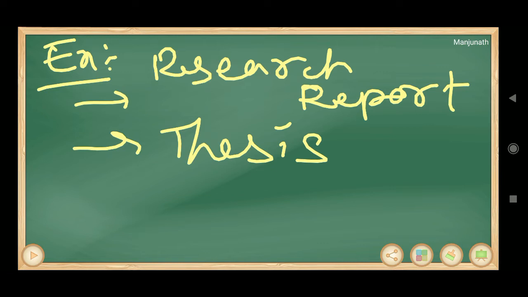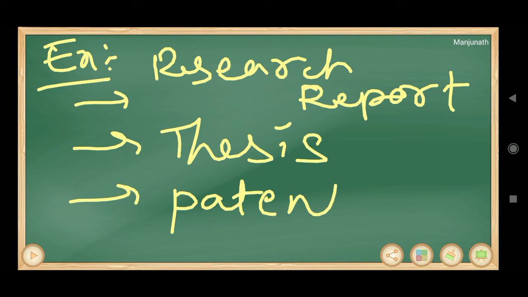The same thing happens with patents. When you invent something new, you take a patent on it, in order to avoid misuse by someone, or the reselling or recopying of your invention or your work.